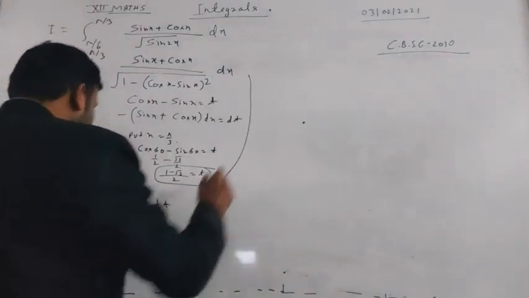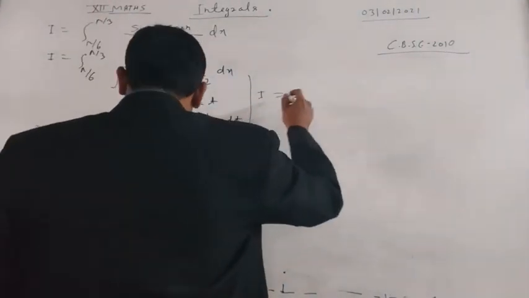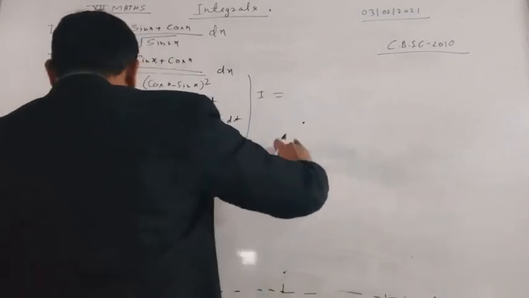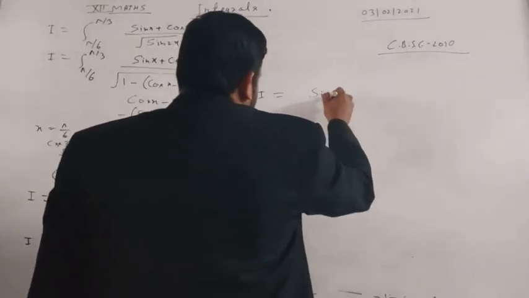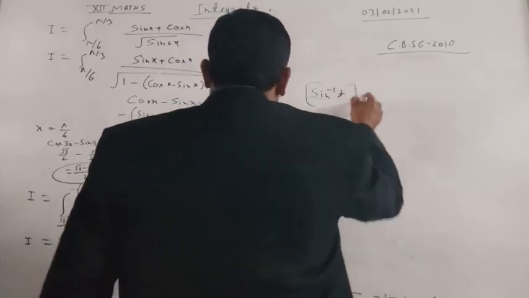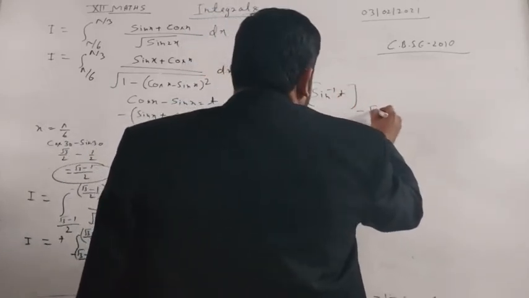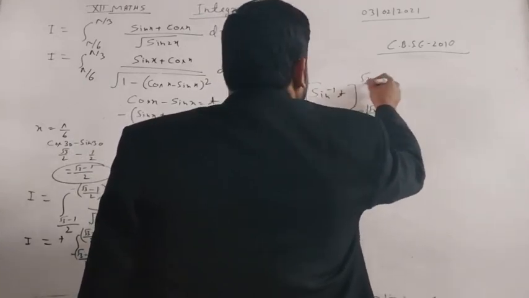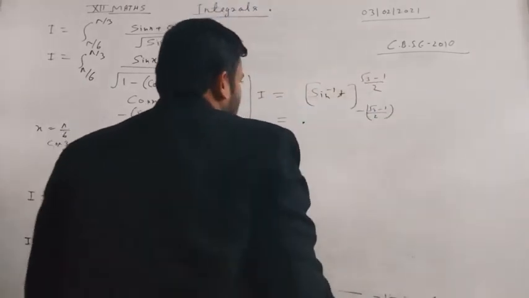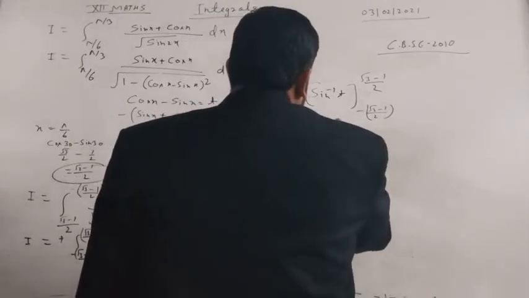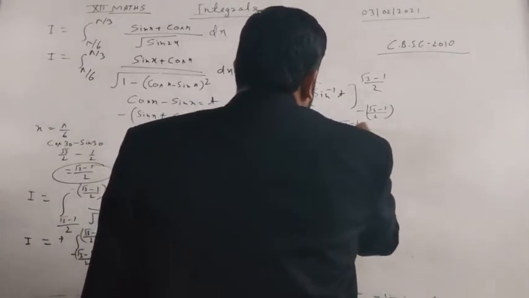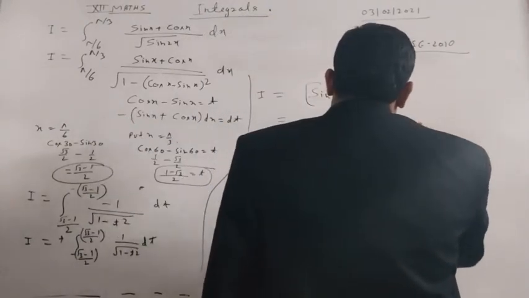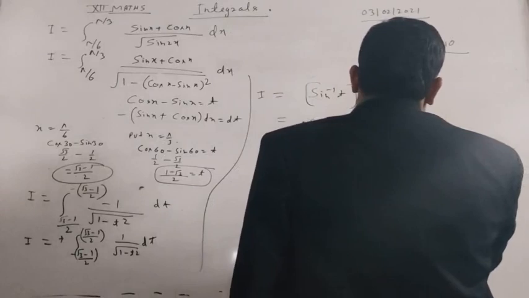Okay students, now after integration we can write this as sine inverse t, with limit from minus (root 3 minus 1) by 2 to (root 3 minus 1) by 2. So we can write sine inverse of (root 3 minus 1) by 2, and minus with positive sign, sine inverse of (root 3 minus 1) by 2.